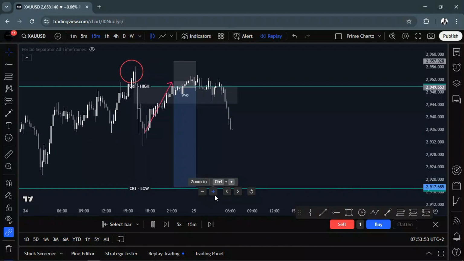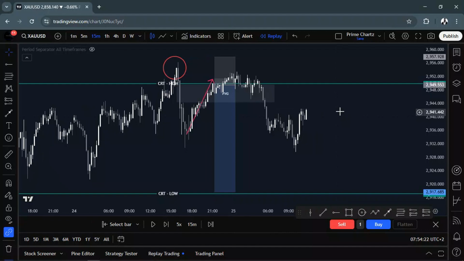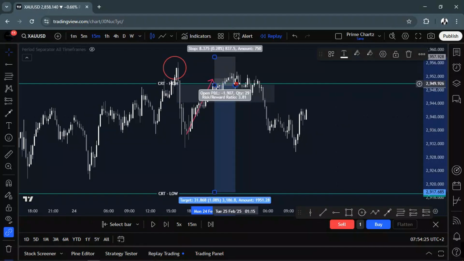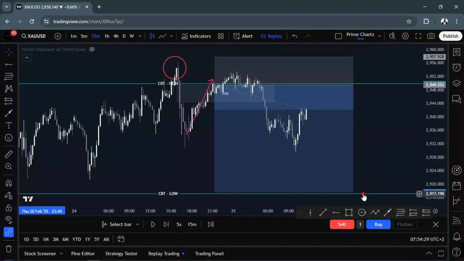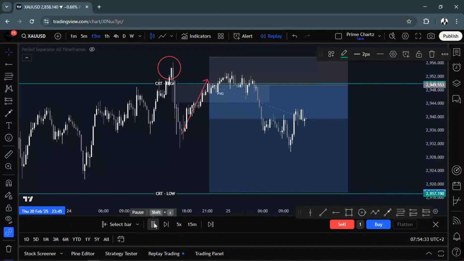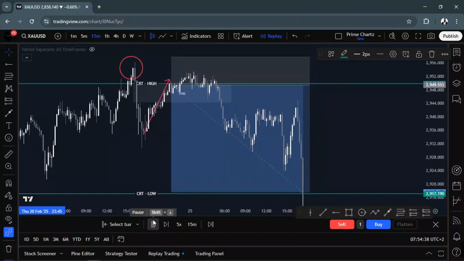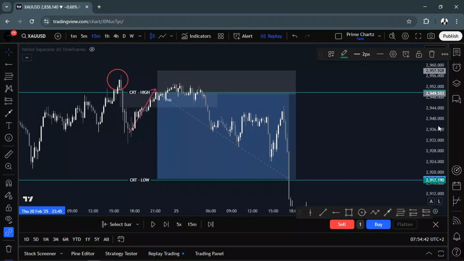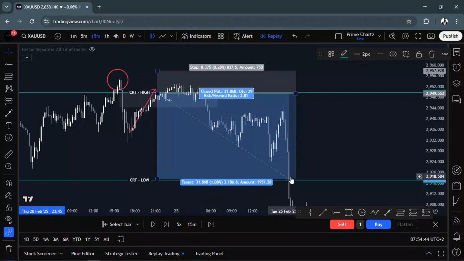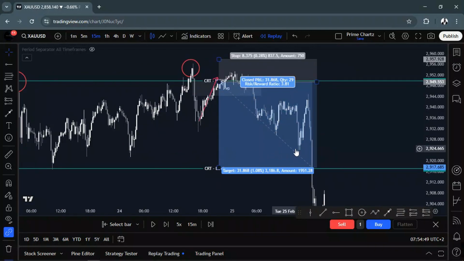Price is moving nicely, pushing nicely to the downside right here. Remember, our target is the swing low right there. Price continues to move nicely to the downside. Nice. Boom. As you can see, our TP has been hit right there. So this is simple, guys.